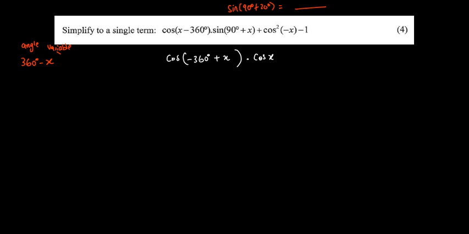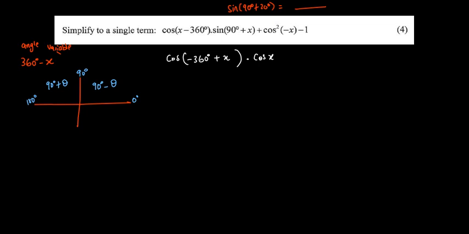Another way to look at it, here's why I like 20 degrees. Remember our CAST diagram, right? On our CAST diagram we have 0 degrees here, 90 degrees here, and 180 degrees here. I usually said 90 degrees minus theta is in this quadrant, and 90 degrees plus theta is in that quadrant.